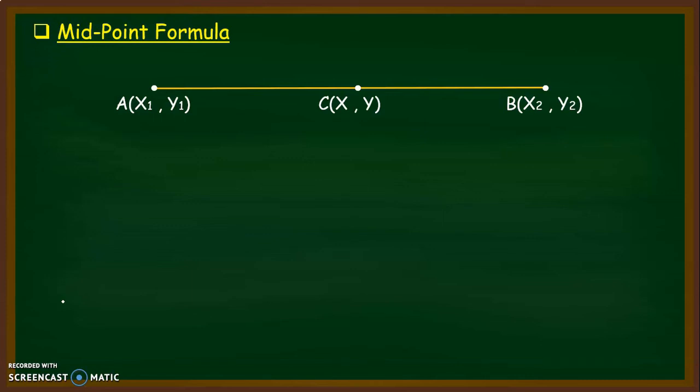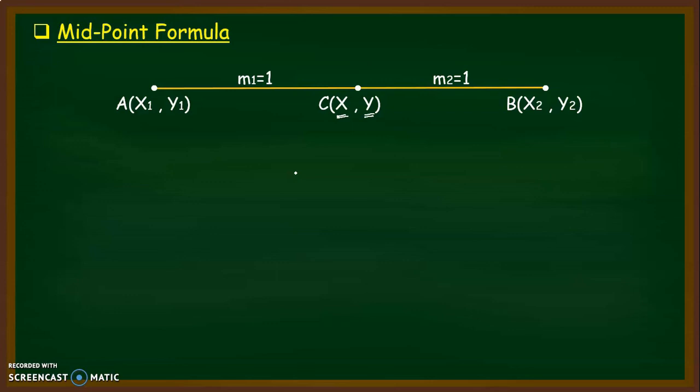Means point C is the midpoint of point A and B. And if you want to find out the value of this coordinate x and y, here we can use the midpoint formula, and we can derive the midpoint formula by using the section formula. Since C is the midpoint, we can say the ratio in which point C divides the line AB will be equal to 1 is to 1. So here we can take m1 equal to 1 and m2 is also equal to 1.